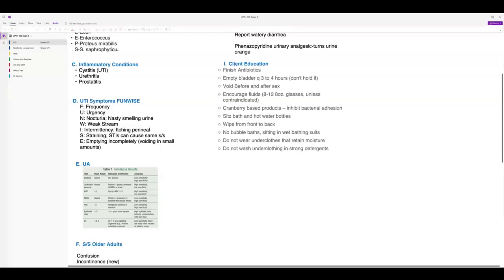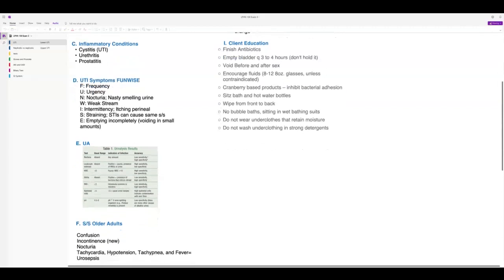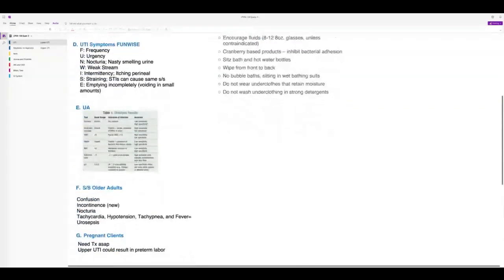The UA, you're going to have to know this. You're going to have to know what you are going to see in a UA if somebody has a UTI. So you're going to see bacteria. You're going to see positive leukocyte esterase, and it's also considered pyuria.